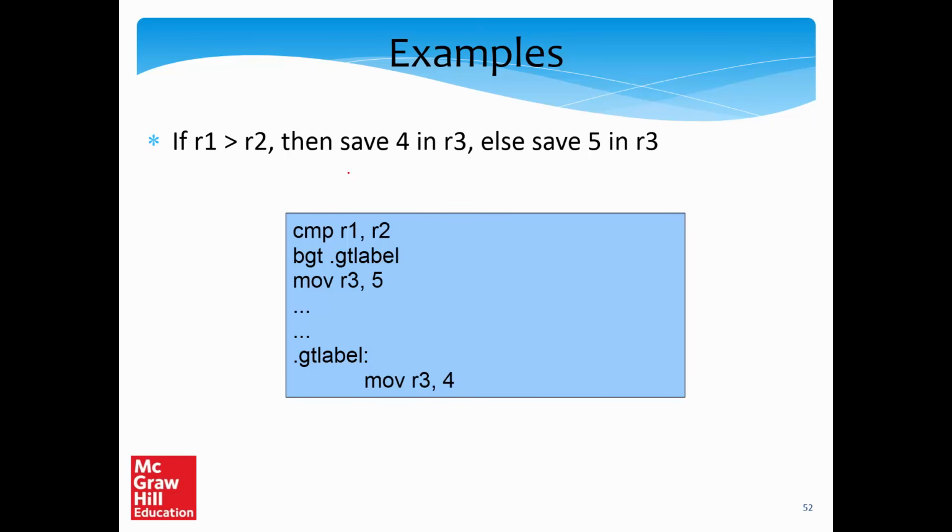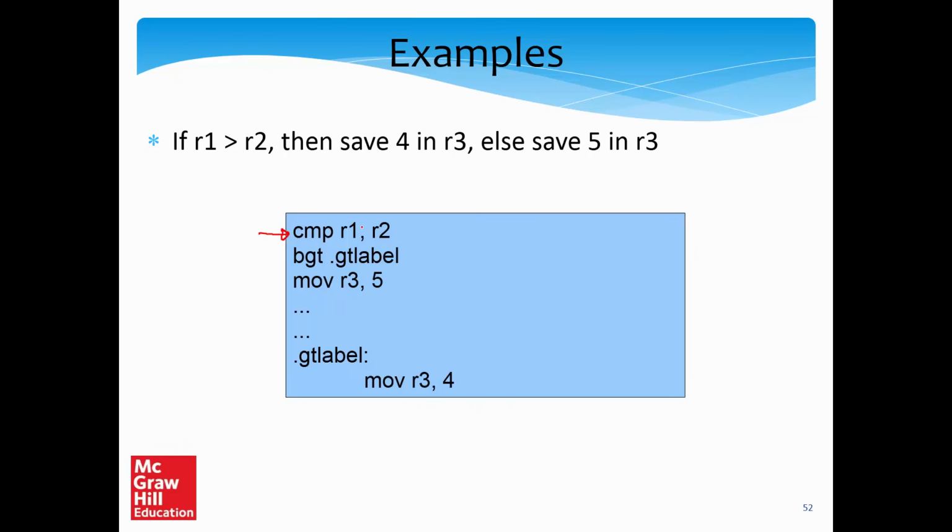Alright, so now it is time to write slightly difficult programs and realize the power of assembly language. So let's try to write this program. If R1 is greater than R2, then let's say we store 4 in R3, else we store 5 in R3. Well, that's easy. The first thing that we do is compare R1 and R2.